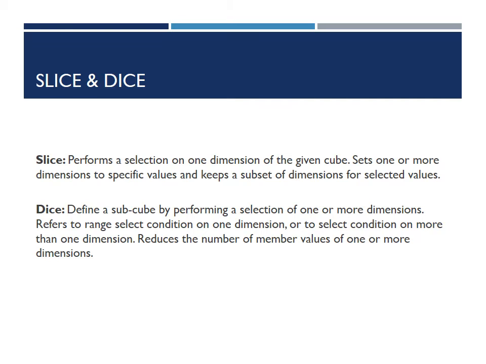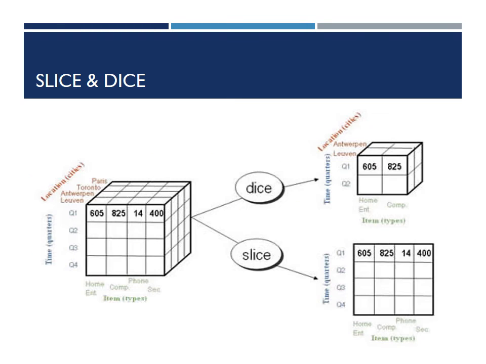It reduces the number of member values of one or more dimensions. Here we can see that the dice operation provides a very small multi-dimensional view by providing a subcube of the given OLAP cube. The slice operation selects one particular dimension from the cube and provides the user with the subcube.